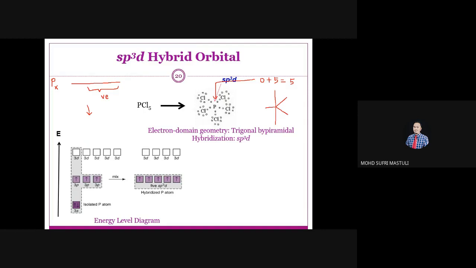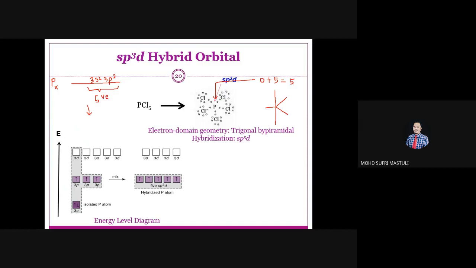Okay, because of this, the valence electrons are 3s2 and 3p3. You can complete this electronic configuration of phosphorus, with valence electrons of 5. This is why we have 1, 2, 3, 4, 5.